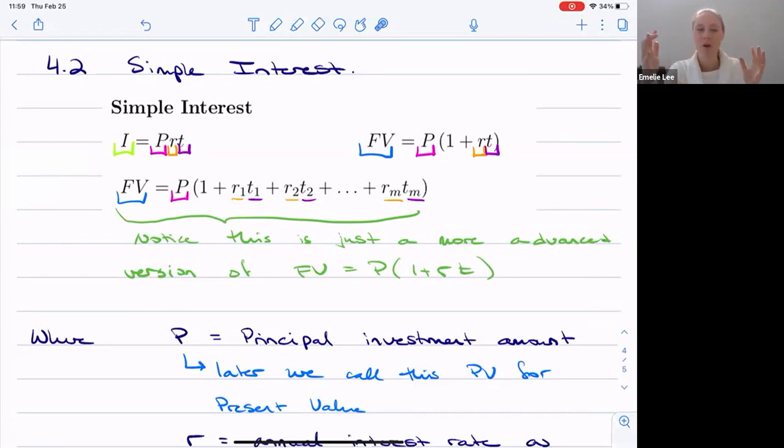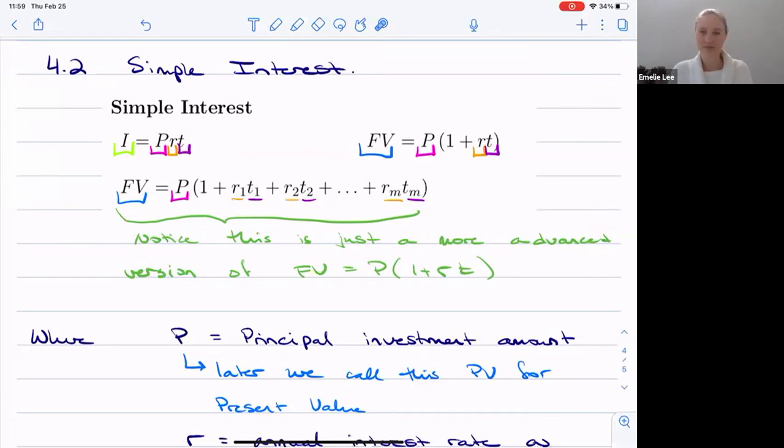So it's compounding every month. Simple interest is not that common for investments. I guess it's more for investments of less than a year. Short-term investments would use simple interest, but usually we're dealing with compound interest.